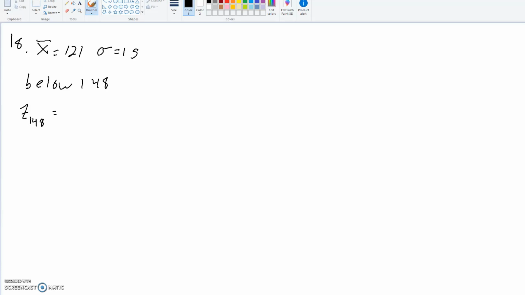We're going to do this just like we did in the last section. We take our data item, 148, minus our mean, 121, over our standard deviation, 15. 148 minus 121 gives you 27, over 15, and 27 divided by 15 is 1.8. Now we turn to our table on page 822, and look for the z-score of 1.8.